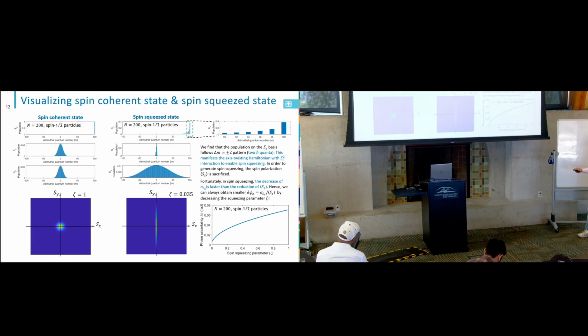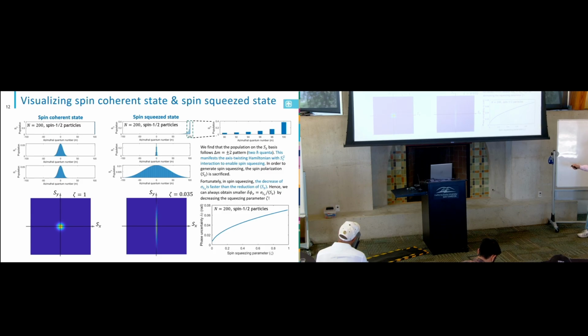But this is not the whole story, because when we only look at x and y, that's just a projection along these two directions. In reality, we know this is a spin in 3-dimensional space, and we have a projection along z. What does it look like if we zoom in?